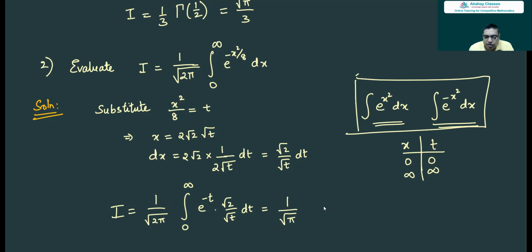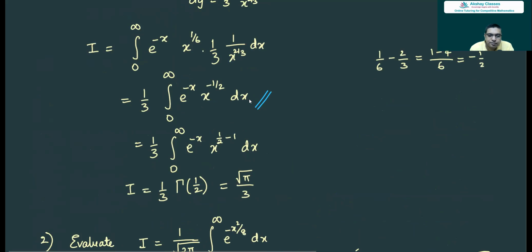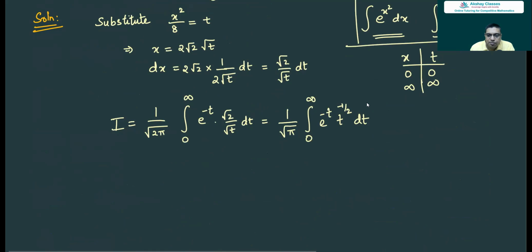So I'm left with 1 by under root pi, integral 0 to infinity, e power minus t, t power minus half. We have seen this integral just there in the previous problem. That's why I said that particular integral is important. So from there, we can deduce 1 by under root pi, integral 0 to infinity, e power minus t, t to the power half minus 1 dt.